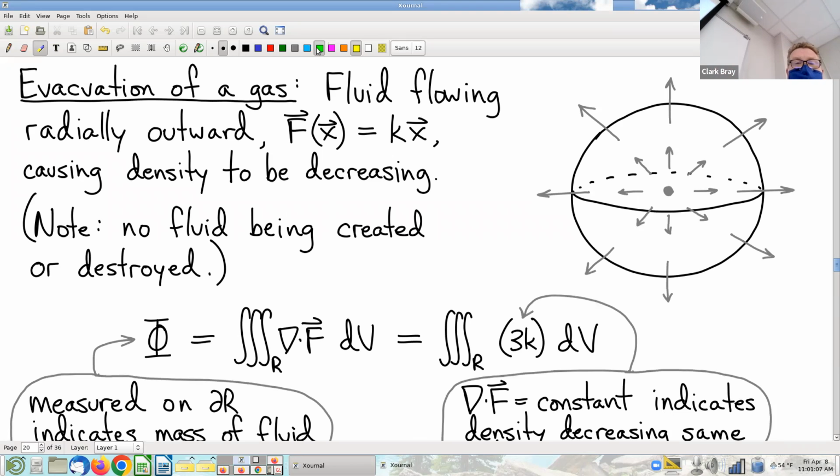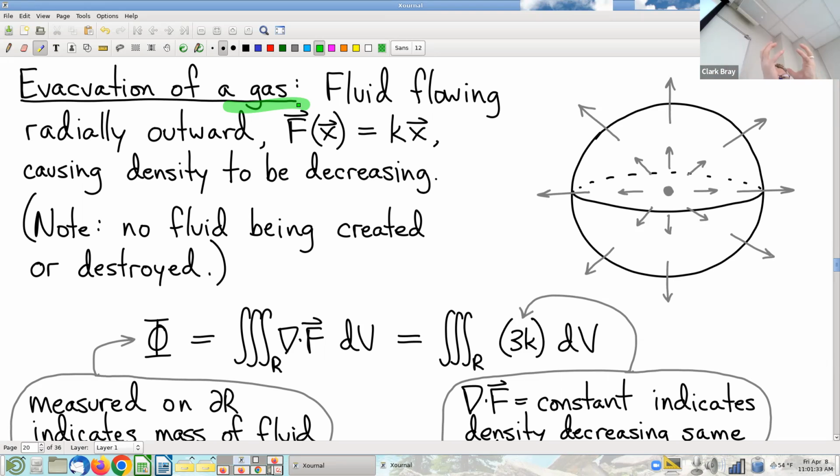So here I'm going to talk about a gas. Imagine you've got a gas sitting there at constant density. Then imagine you start to raise the temperature. Y'all may know the gas law: if you raise the temperature, then the volume increases, right? And if the volume increases, that means the density goes down.